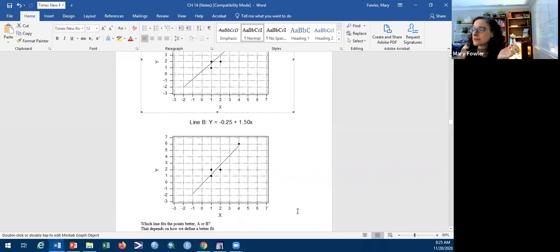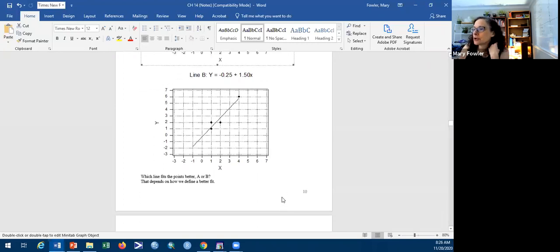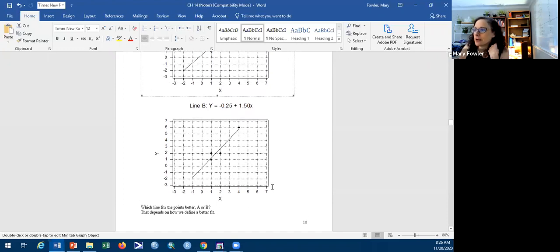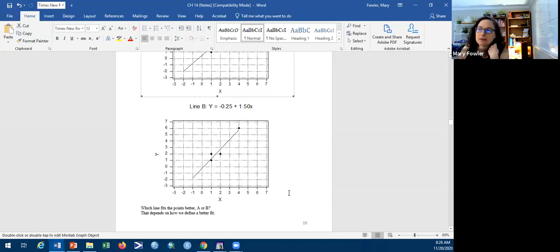So which line fits better, A or B? I haven't really told you how we define how well a line fits the data, so there really isn't an exact answer, but that's what we're going to move into now. Which line fits better depends on how we define a better fit.